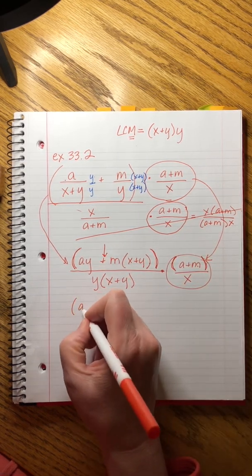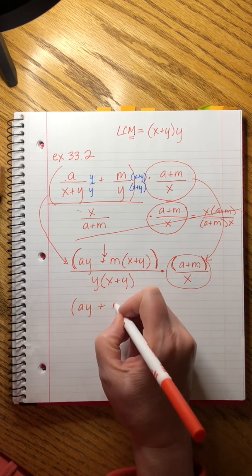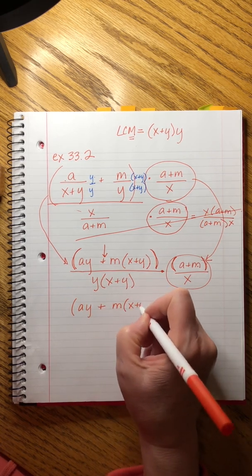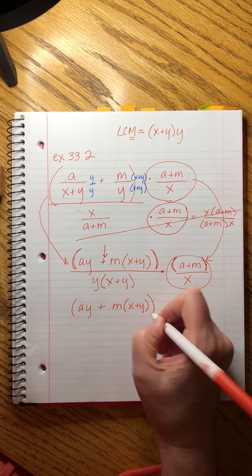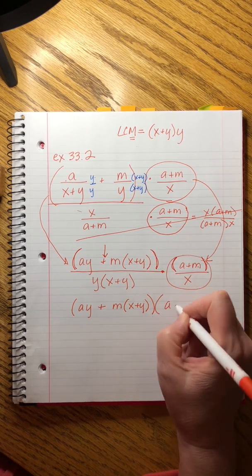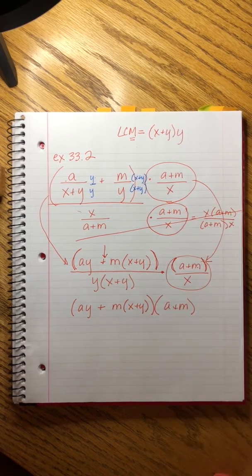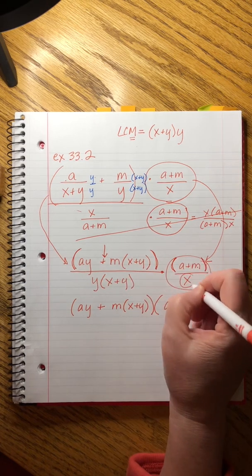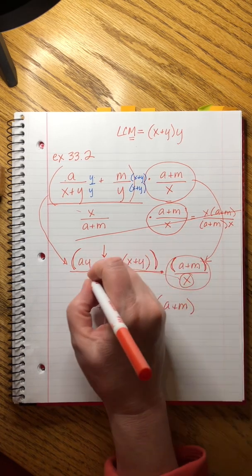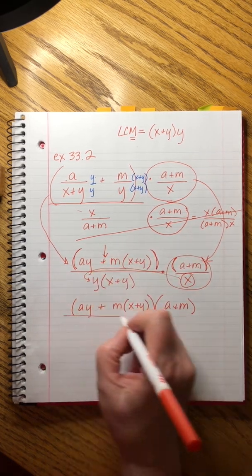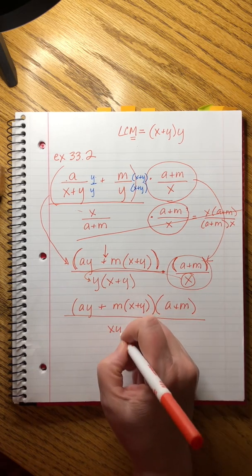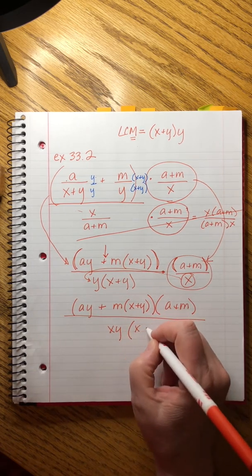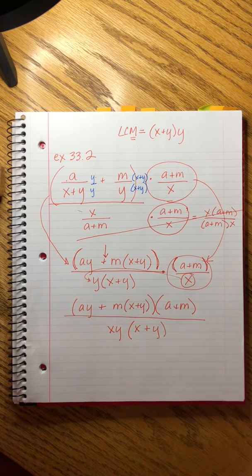Annoying. AY plus m times x plus y quantity, and then that's all a big quantity, times a plus m. And these guys can frolic a little bit better. I can just put this x up here by the y, and then they both are multiplied by the x plus y.